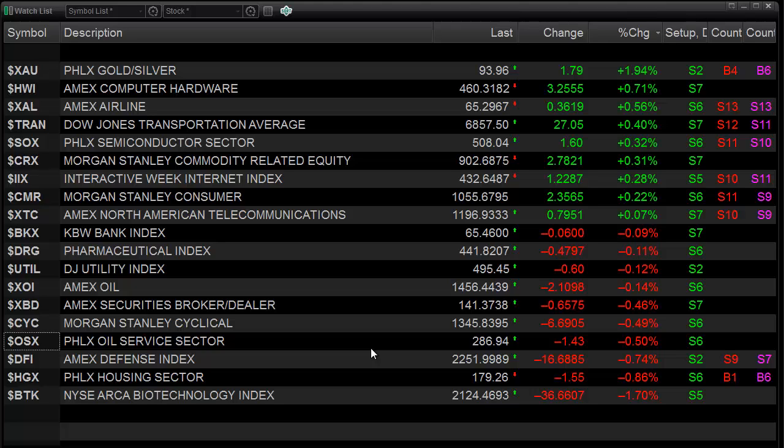So while the Dow Jones transports outperformed the broad market, the oil services underperformed, so that makes it kind of a push. BTK was the last laggard on the day, certainly a source of funds, and all the defensive stuff was kind of middle range here. The pharmaceuticals were in the middle of the ground, utilities in the middle of the ground. So just kind of a somewhat defensive day actually, even though the hardware index was fairly strong.